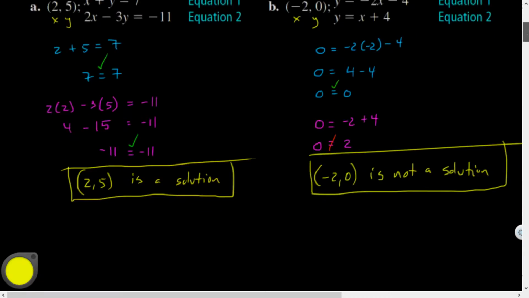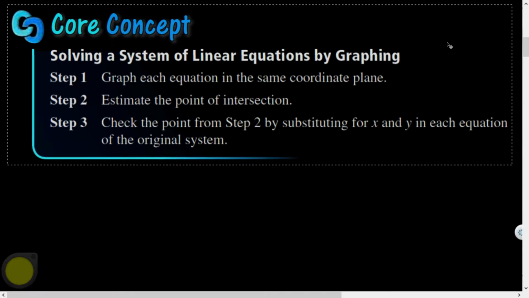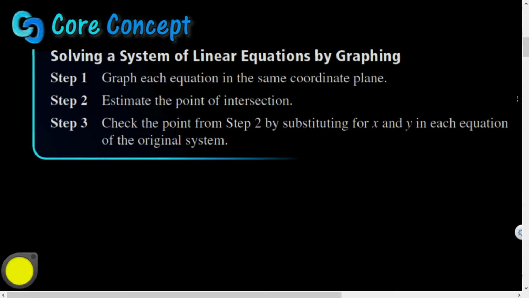Today, the technique I'm going to show you is solving by graphing. To be honest, graphing is not my favorite. It works okay when solving these things, but it's not as accurate as some of the future means of solving that I'll show you. So, solving a system of linear equations by graphing. Step 1, graph each equation in the same coordinate plane.